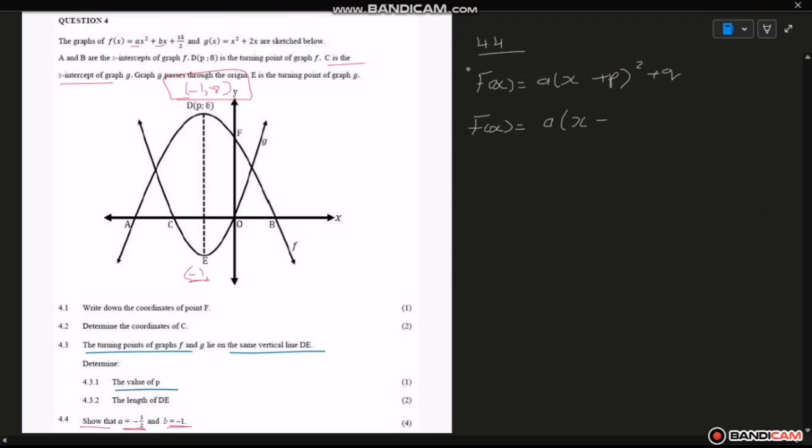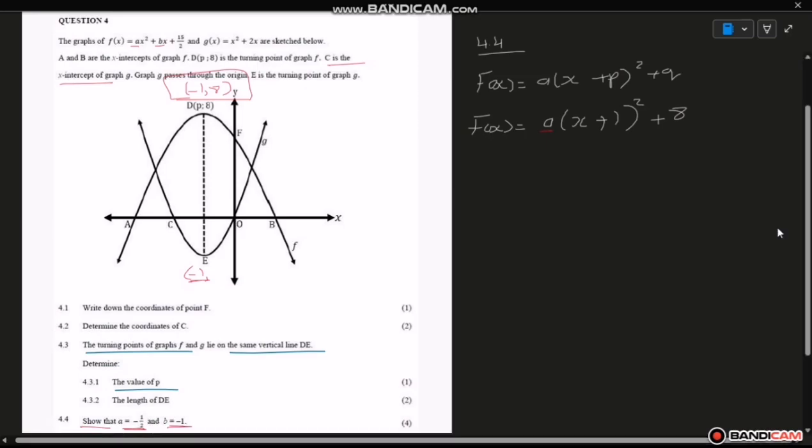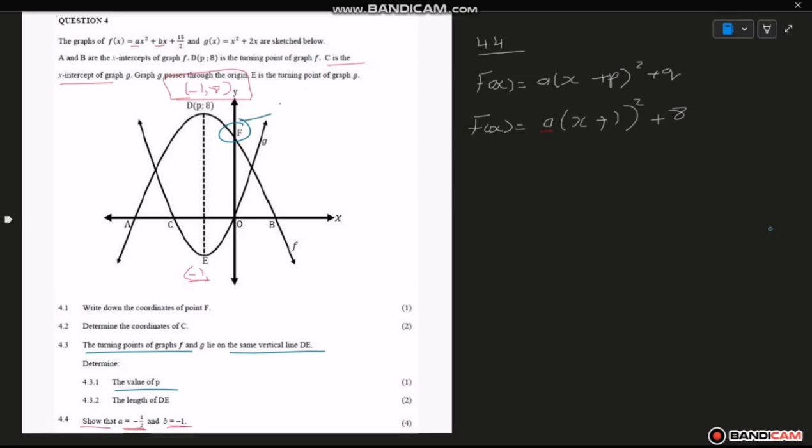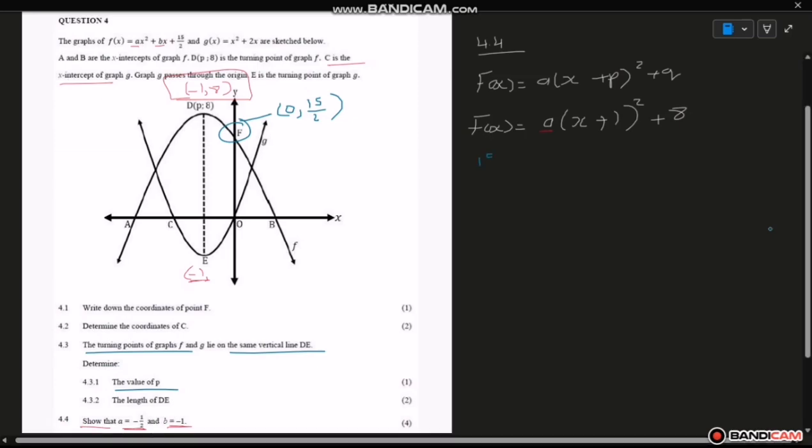The coordinates of D. So it's going to be a open brackets x plus 1 squared, then we take 8 as it is. But if that one was positive, when we substitute it back on the formula, it will be negative. Therefore, for us to find the value of a, we can use what? The point on f, when I'm saying the point on f, I'm talking about the point on the graph of f, which is the point we are having, 0, 15 over 2.